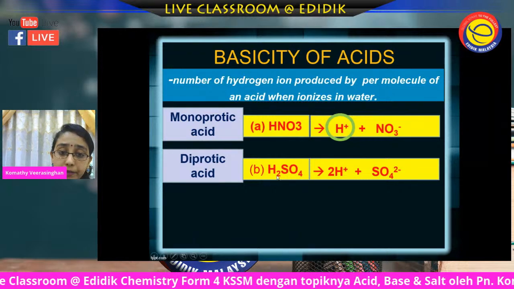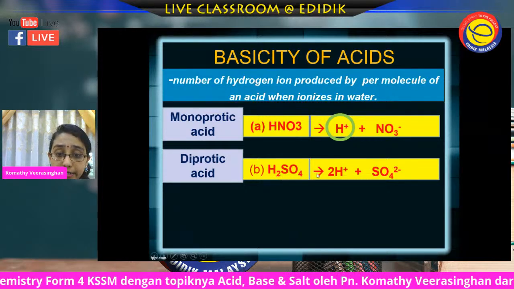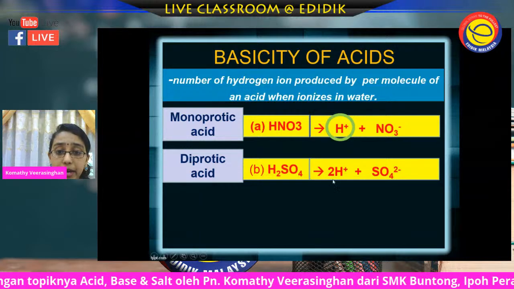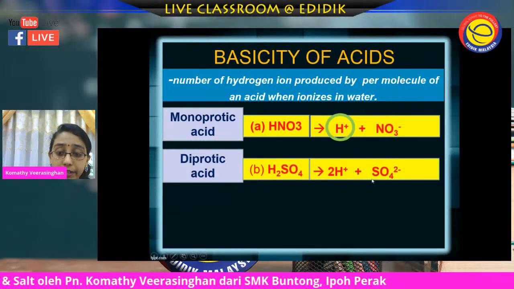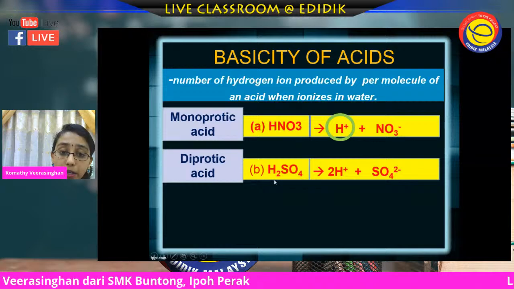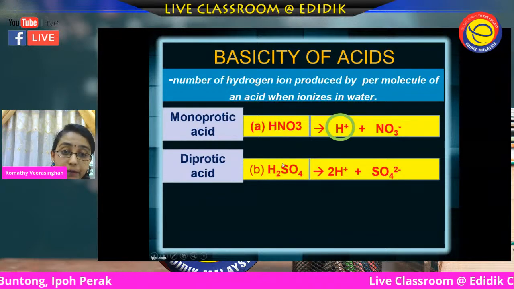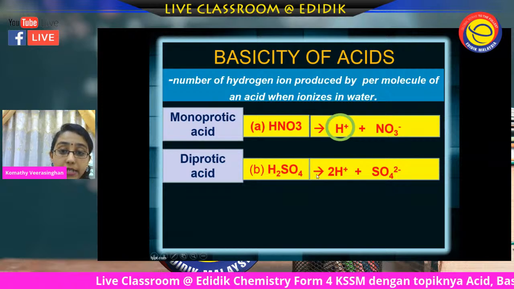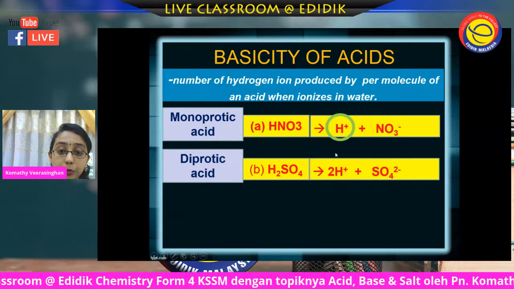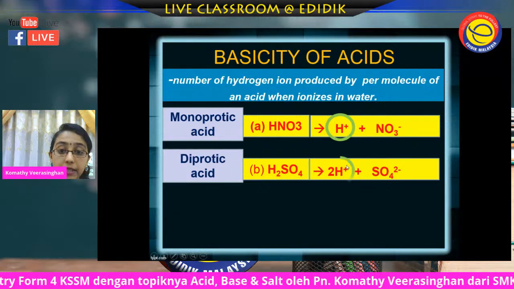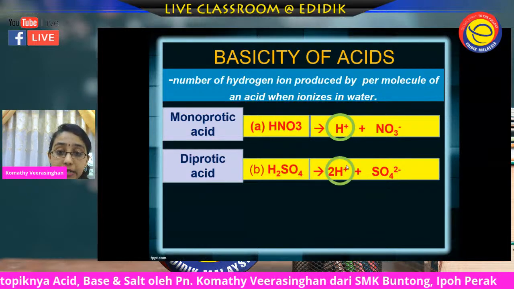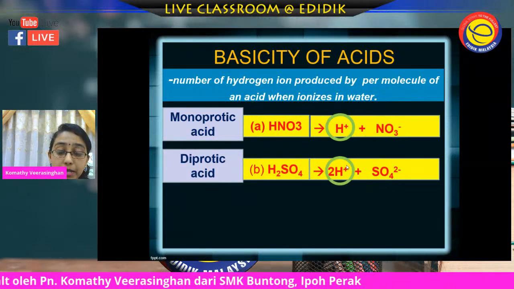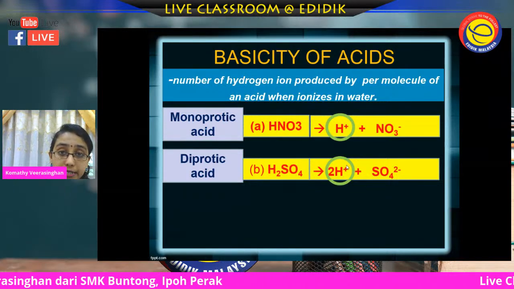Can you see the 2 here? Hence, when it ionizes, it ionizes into hydrogen ions and sulfate ion. And since one molecule of sulfuric acid consists of 2 hydrogen atoms, it will ionize 2 hydrogen ions. Thus, this acid's basicity is known as diprotic acid.